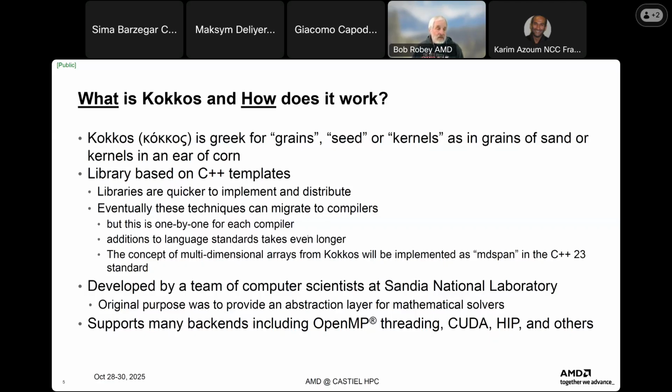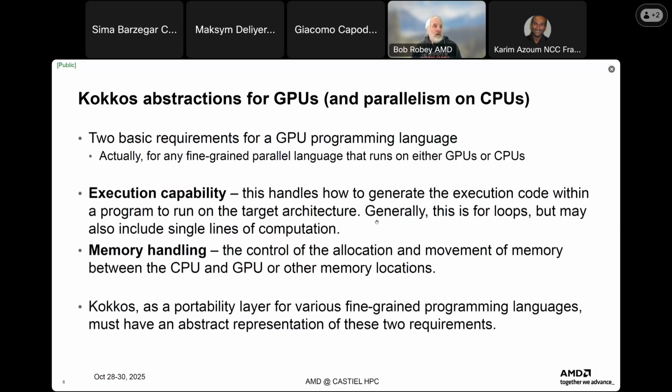So there are many backends for Kokkos for the CPU and the GPU and all the major GPU types and CPUs, parallel CPU languages. So to understand the abstractions that are in Kokkos, we have to fall back on that all these languages have to deal with two basic abstractions.